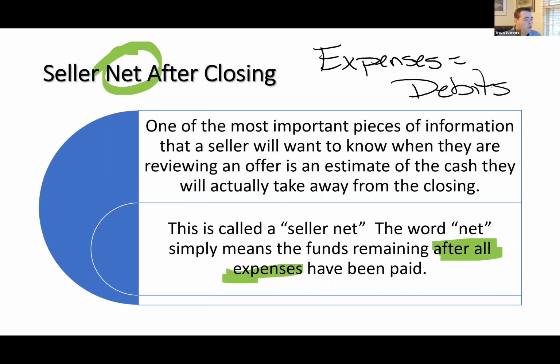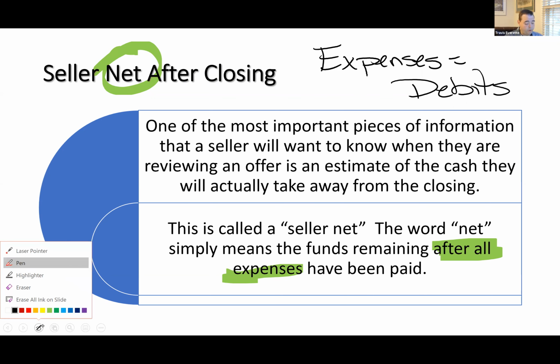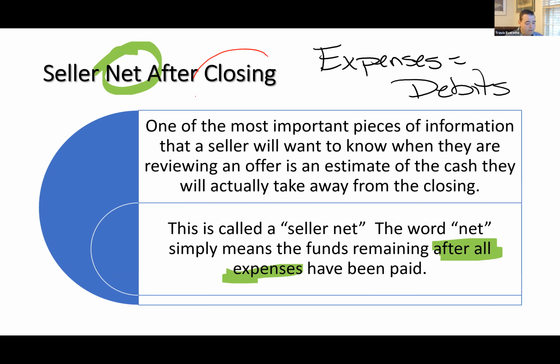When we go to closing, and this is really a closing question, and this is the first time we've dealt with math around this time of closing. Remember, closing is the end of the transaction. It's the goal. It's the destination. It's why the seller hired a listing firm in the first place. Help me find a buyer so we can get to closing.